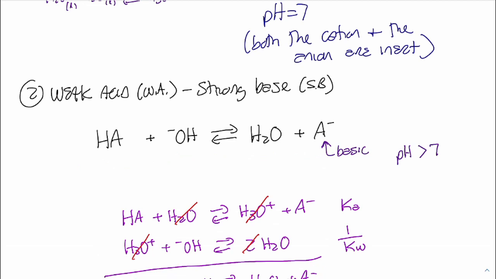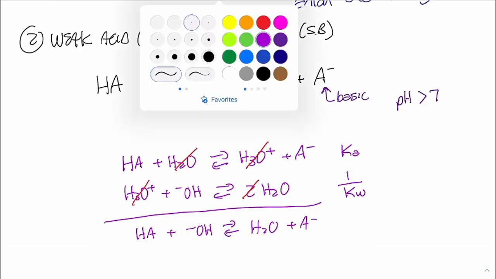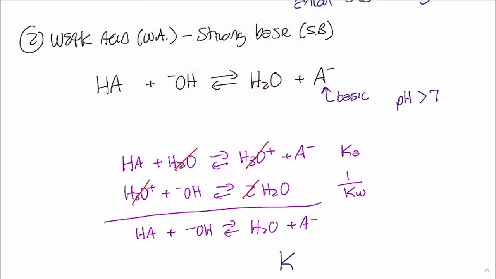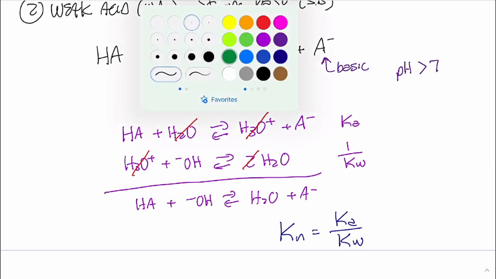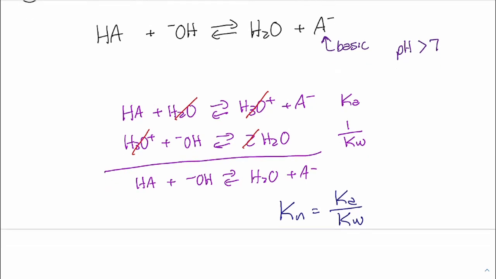So Kn for that net equation is the product of these 2 equilibrium constants. So it's Ka over Kw for a weak acid strong base equation. And we have seen this concept before. I just didn't really talk about it.